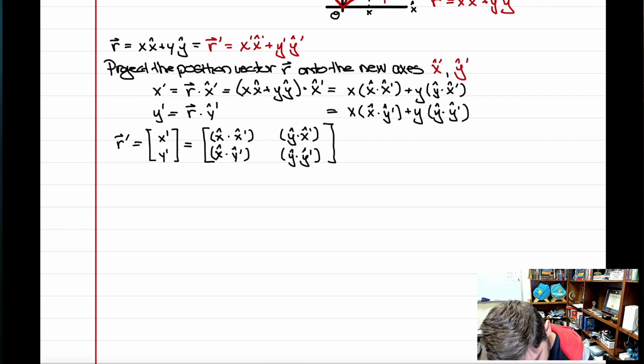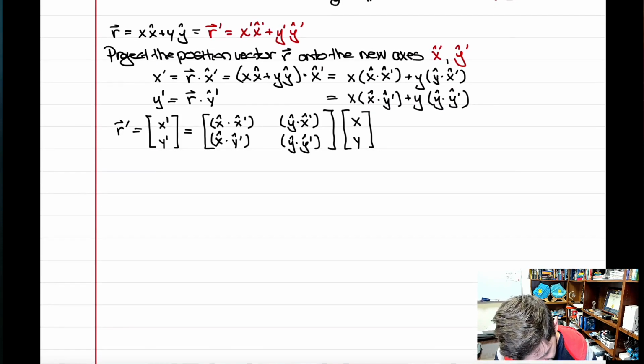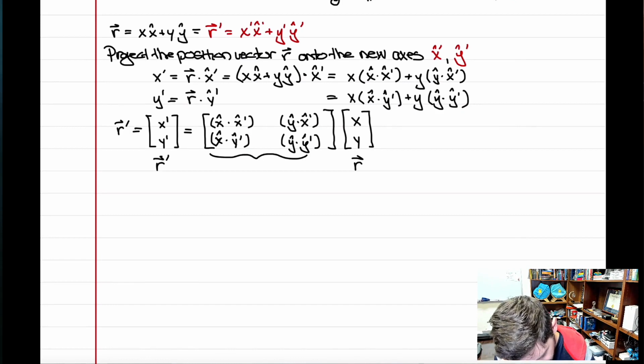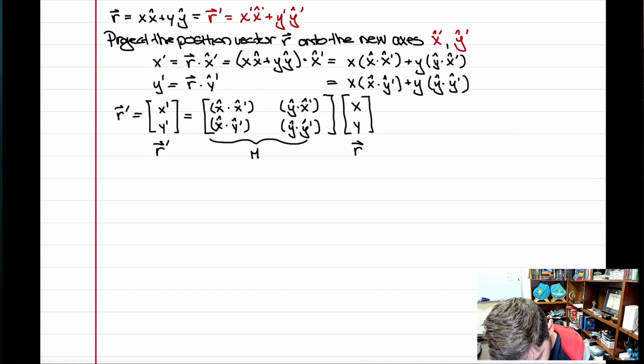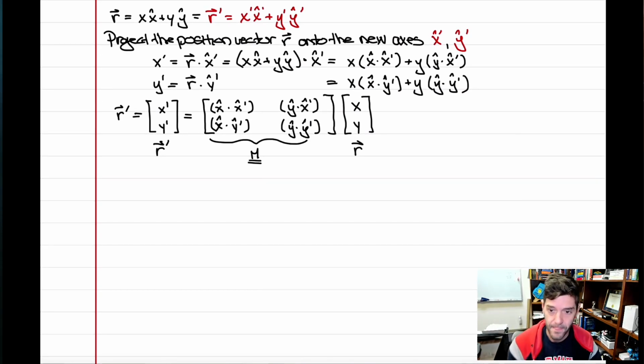I'm going to write that not as a column vector, but as a thing that has two rows and 2 columns. And this is x, y, the original vector. So this is kind of the new vector r, r dash. This is the original vector. And then this is a 2 by 2 matrix, which I'm going to call M with 2 lines underneath.